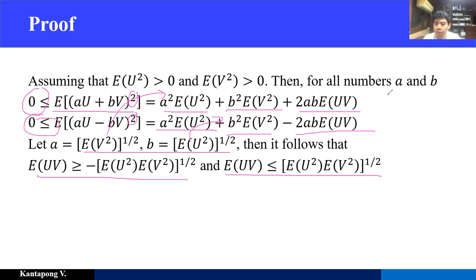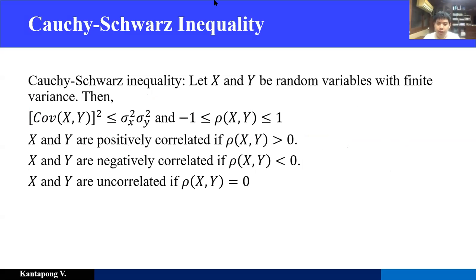By using these two formulas, we can get this one. So the Cauchy-Schwarz says a similar thing, this one, and the correlation is between -1 and 1.